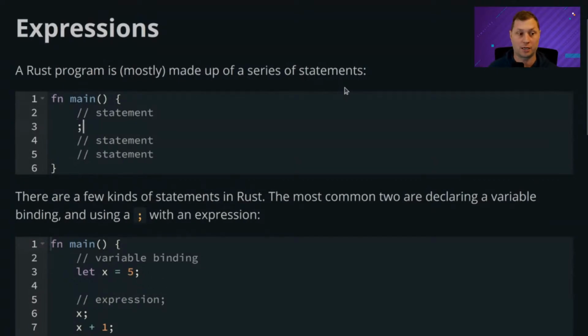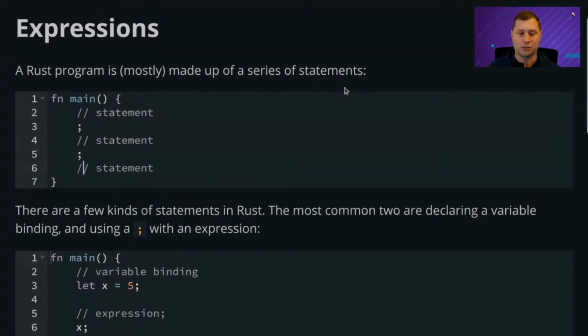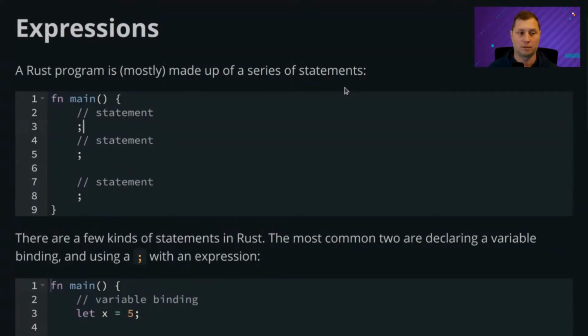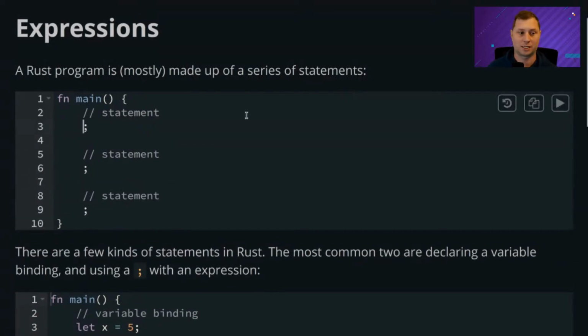It turns out, and I do say it turns out a lot, that every semicolon follows a statement, or at least it expects an expression, and then the expression is terminated with a semicolon. But statements also have return values. They return the unit.